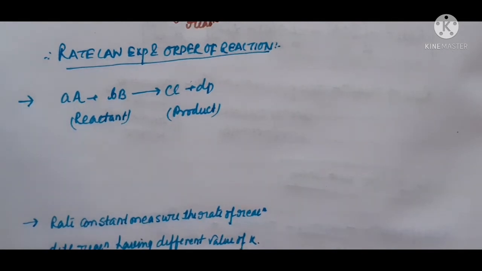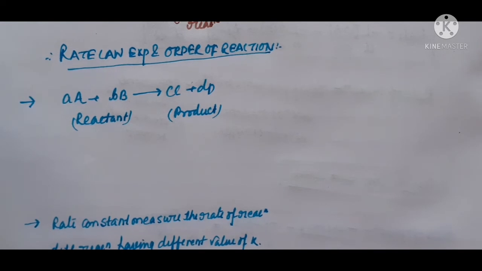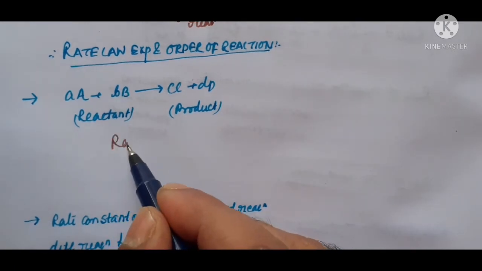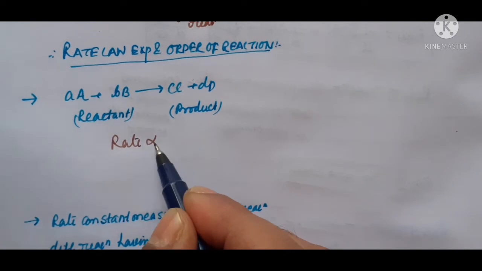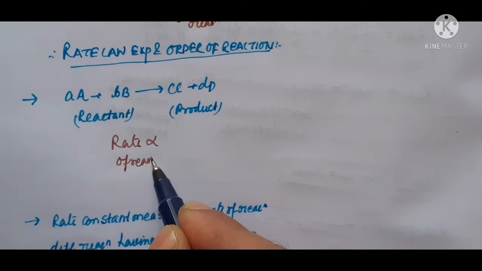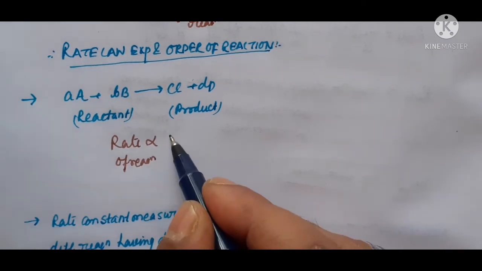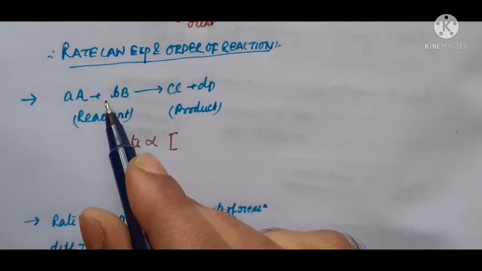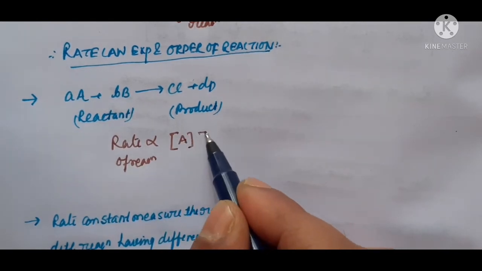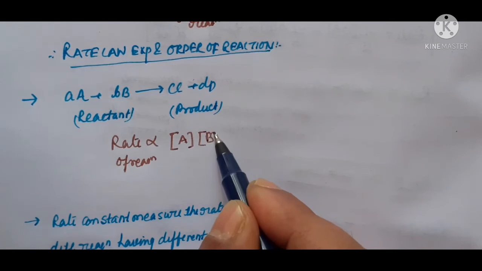It is important to note that the rate of a chemical reaction is directly proportional to the concentration of the reactant. So we can write: rate of reaction is directly proportional to the concentration of the reactants A and B, raised to the power of their coefficients a and b.